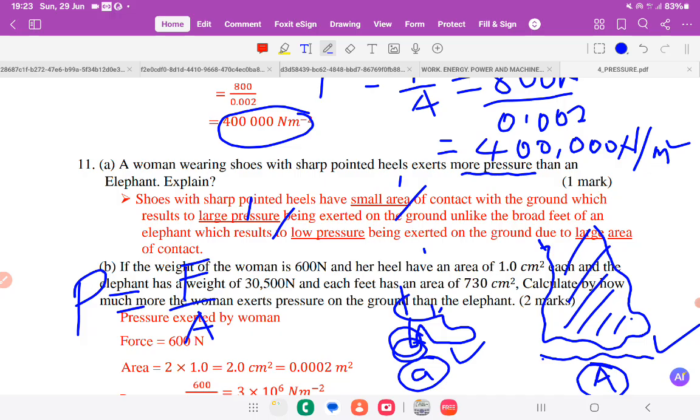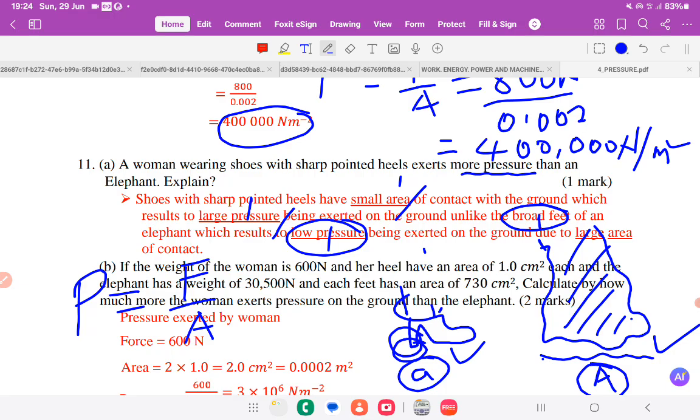Unlike the broad feet of an elephant, the elephant has broad feet, which results in low pressure being exerted on the ground. These concepts are very, very important.